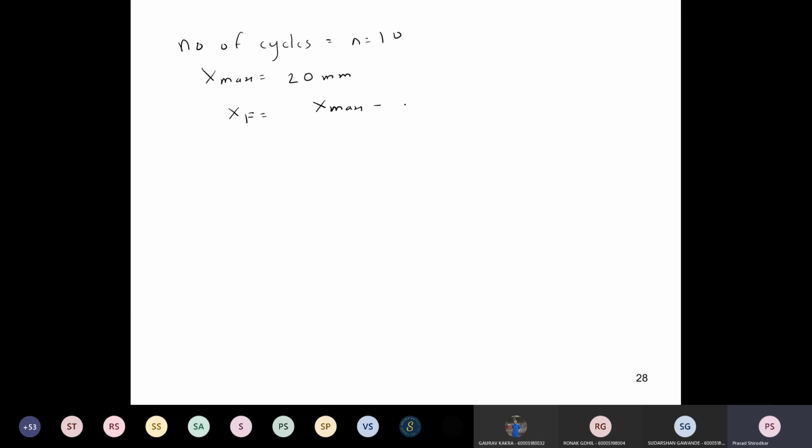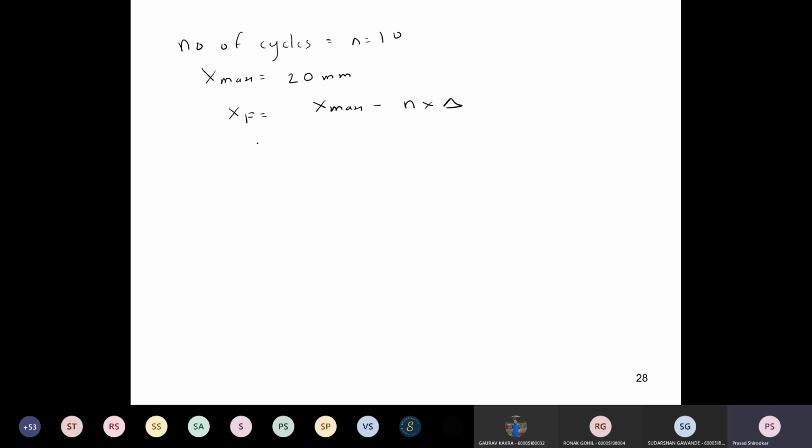Now the number of cycles the mass undergoes is equal to 10. x max is given as 20 mm. So x final will be x max minus number of cycles n into the decrease in amplitude per cycle.